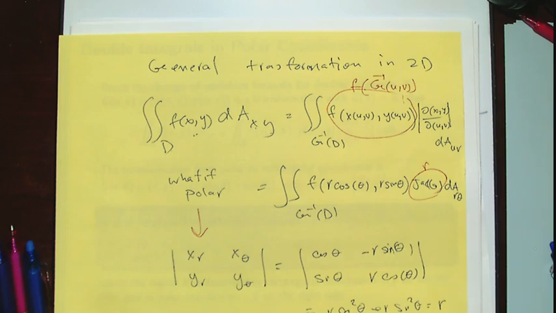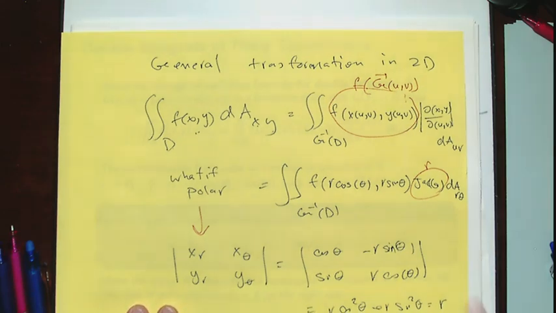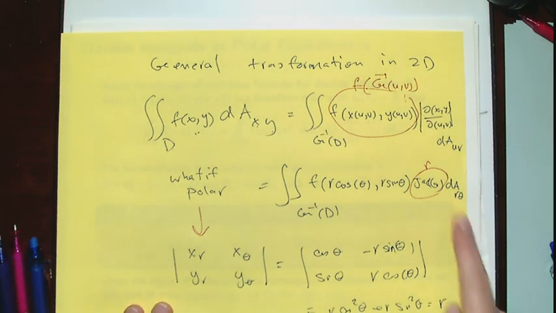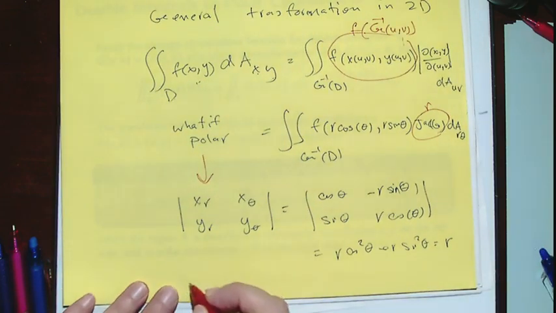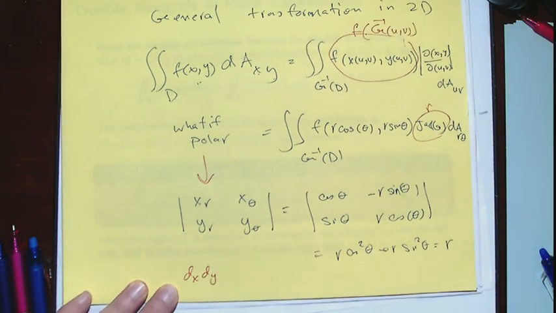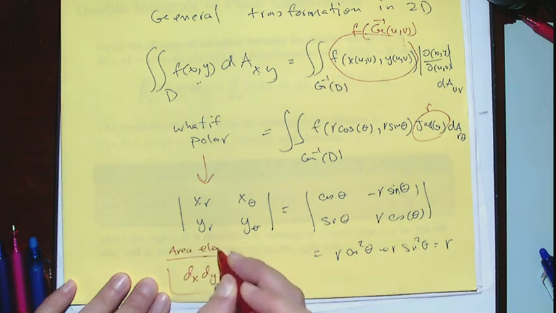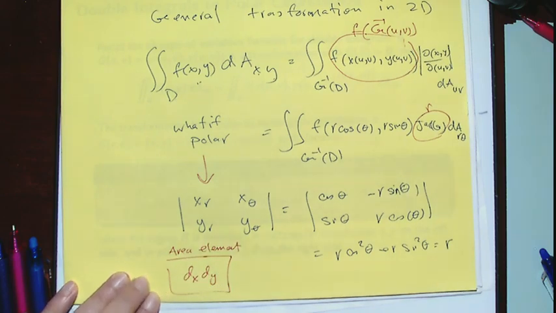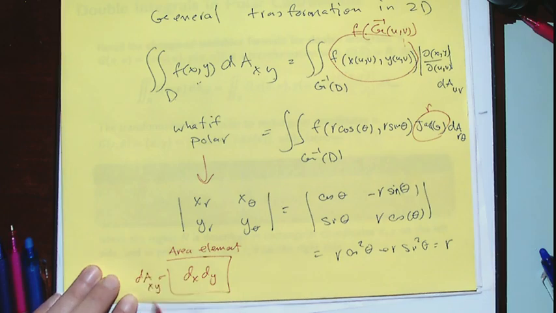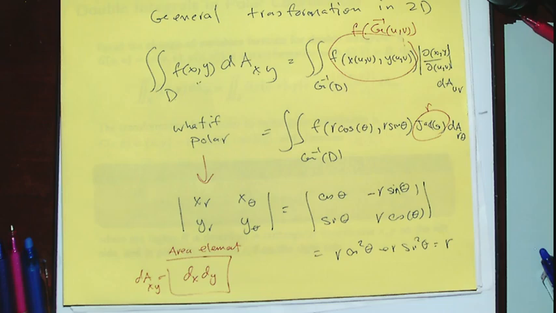That's how we do it through transformations directly. In the physics course and engineering courses, I have to say something else before getting there. When I say dr d theta, let me write this down. When I say dx dy, we've talked about this, this is called the area element. That's dA of x and y. Order can change, right? It's an area element. Now, my question is, what happens to this area element on the other side?